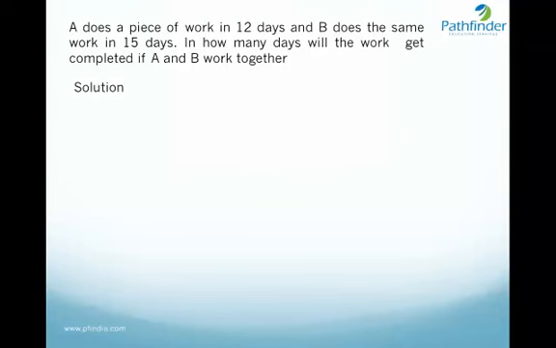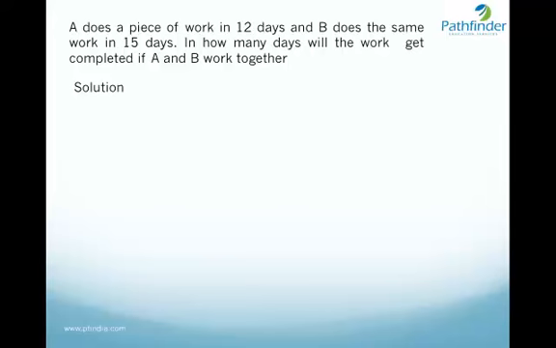Let us look at another simple example. A does a piece of work in 12 days and B does the same work in 15 days. In how many days will the work get completed if A and B work together? Now, what is important here is it is not one person who is doing the work alone.